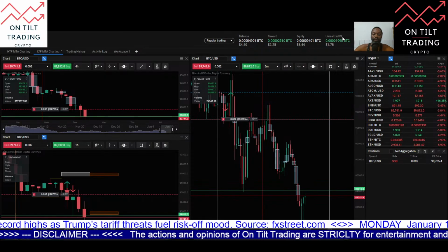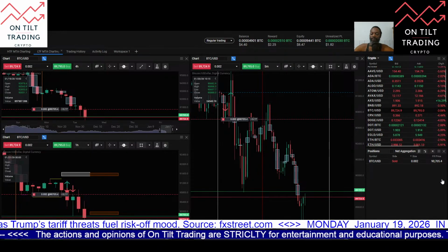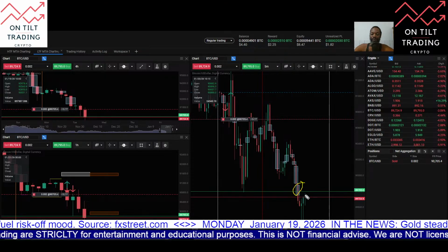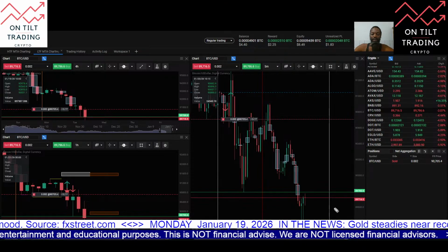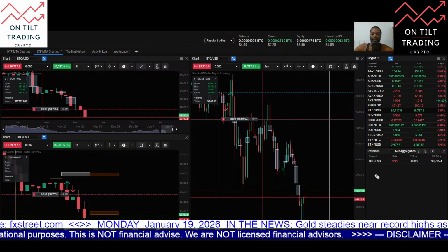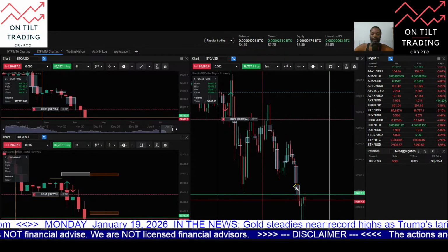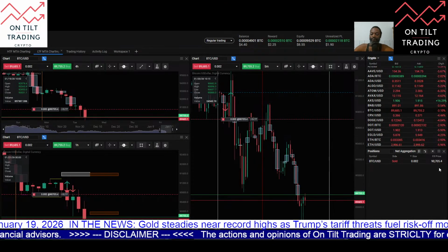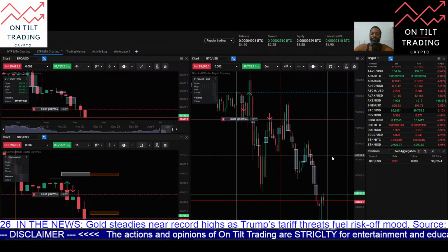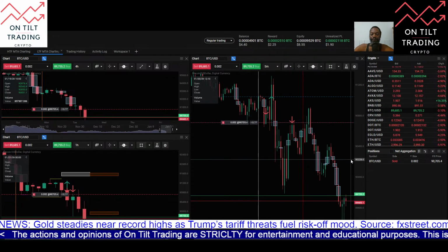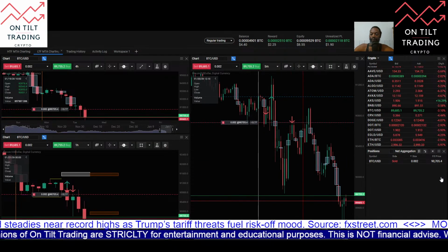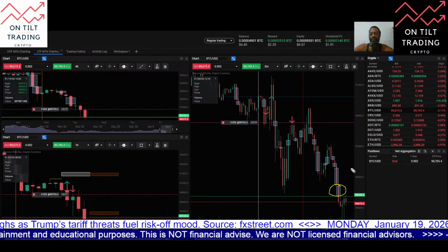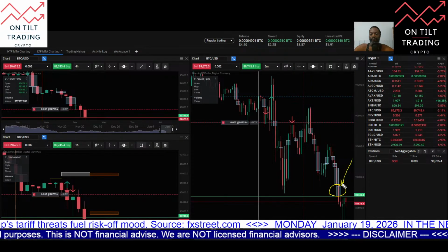Price has now pulled back into this first bearish fair value gap here, and we'll see how price responds to this fair value gap here. So here's the sell side imbalance, buy side inefficiency, or the bearish fair value gap.